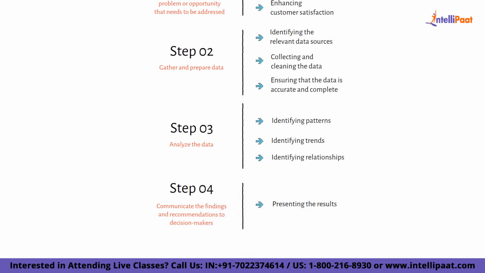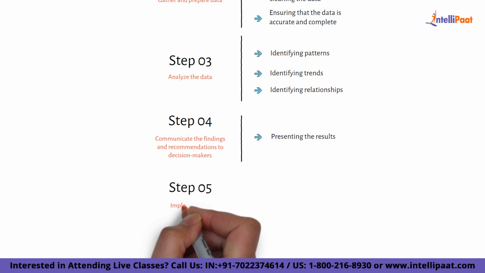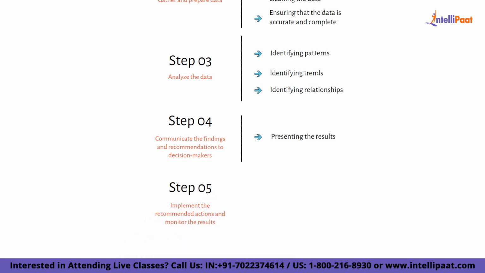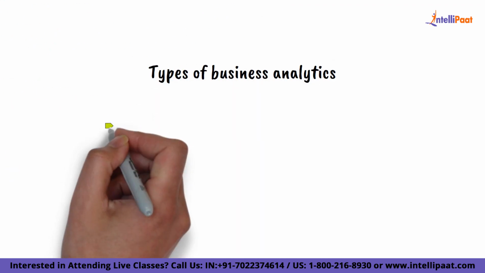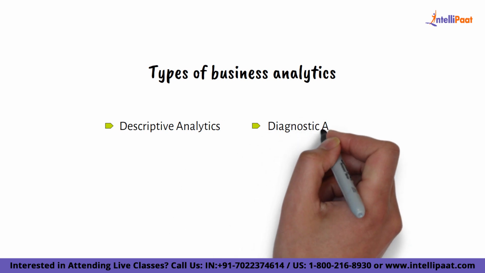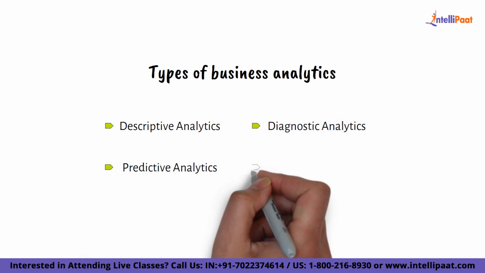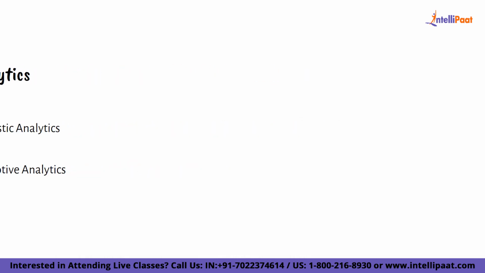This involves presenting the results in a clear and understandable way and providing recommendations for action. Finally, the last step is to implement the recommended actions and monitor the results to ensure that the desired outcomes are achieved.